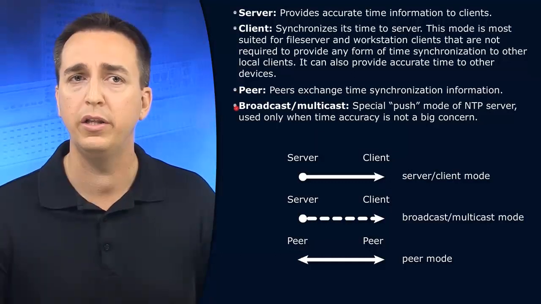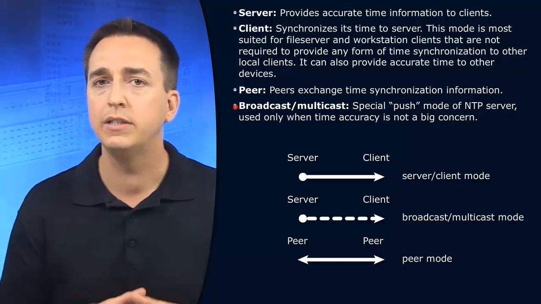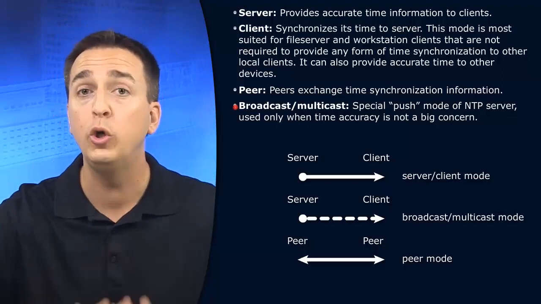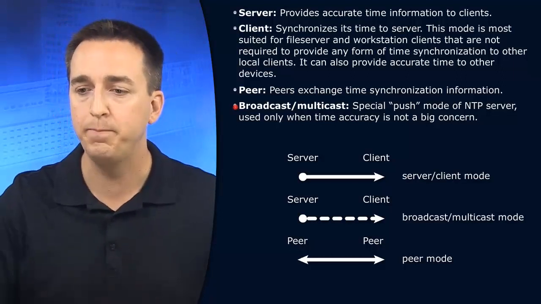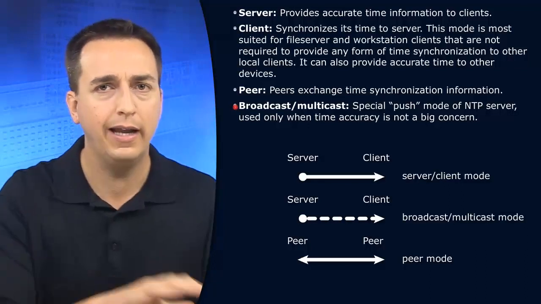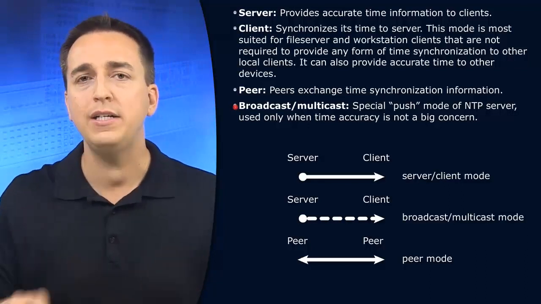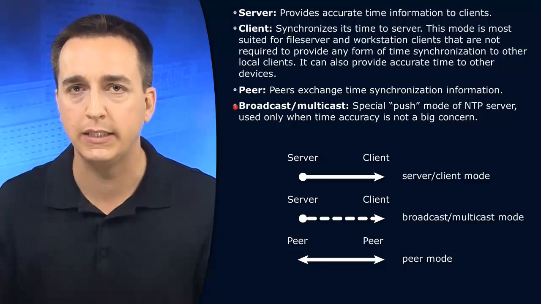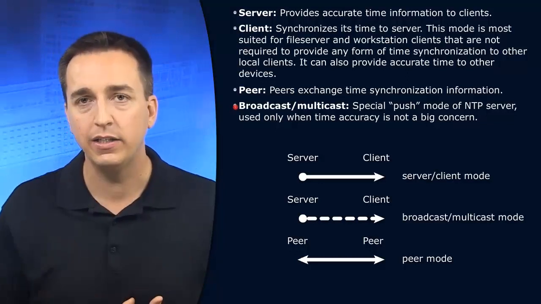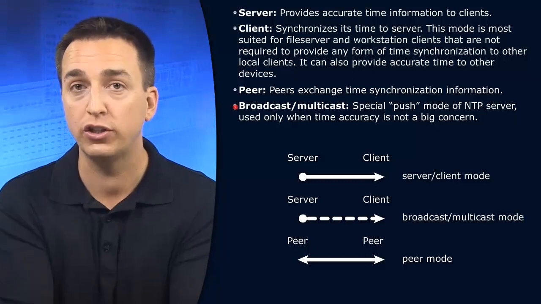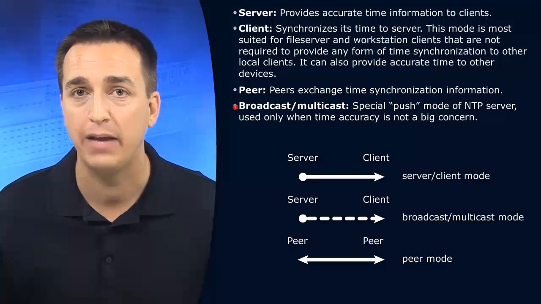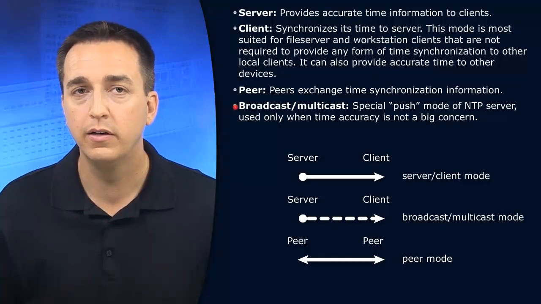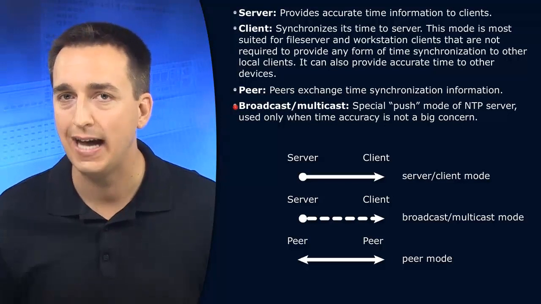We also have the ability to do a broadcast and multicast type of push model for NTP. So how is that different than NTP in general? Well, NTP is a client-initiated process. What that means is the client is going to reach out to the server and say, hey, I need time. And then the server provides it time.